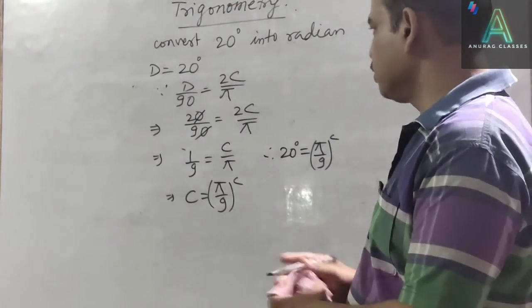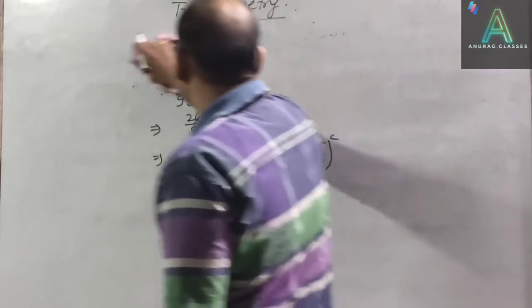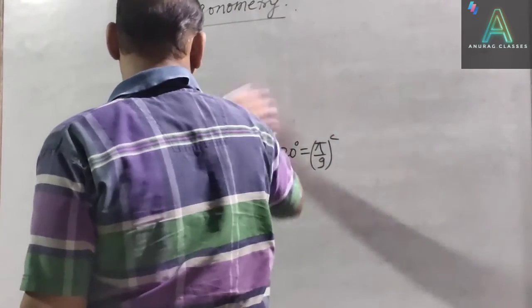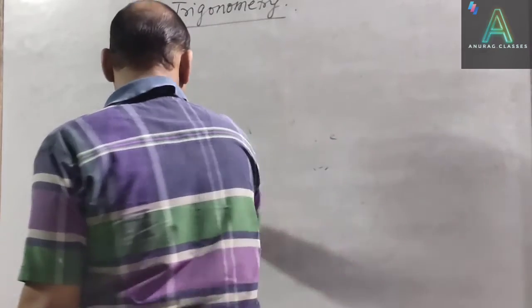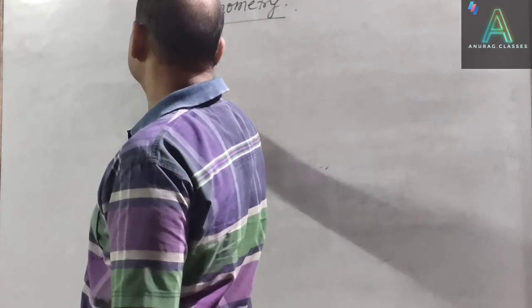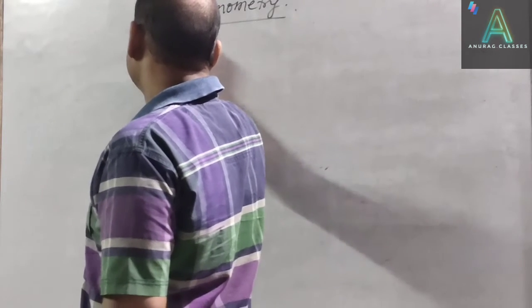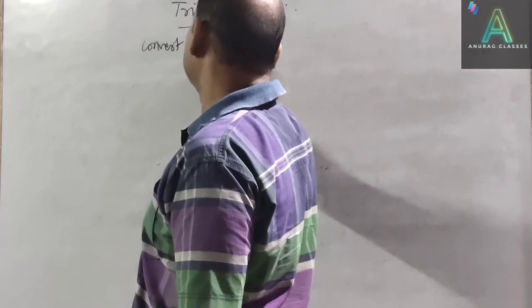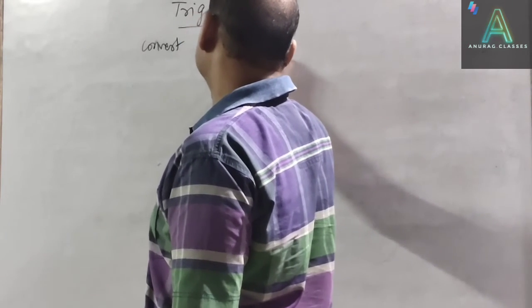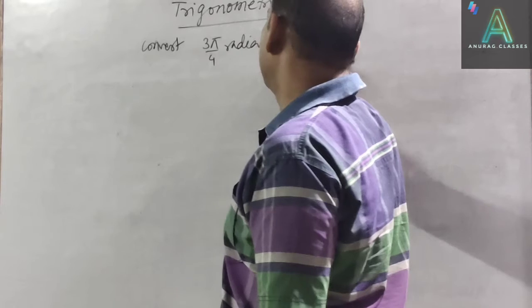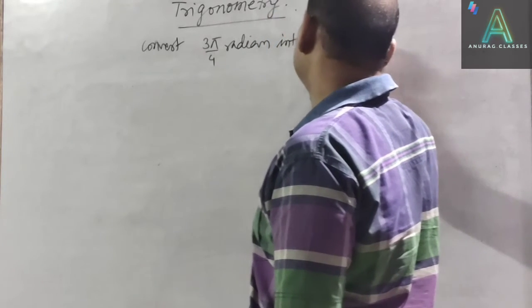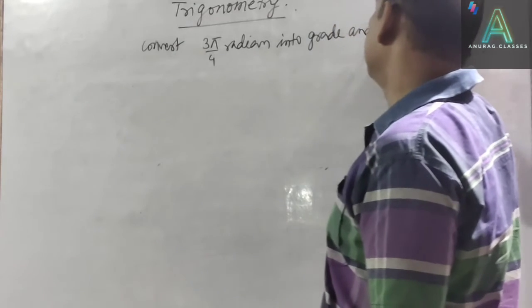Take one more question. One more question I am taking. Convert 3 pi by 4 radian into grade and degree.